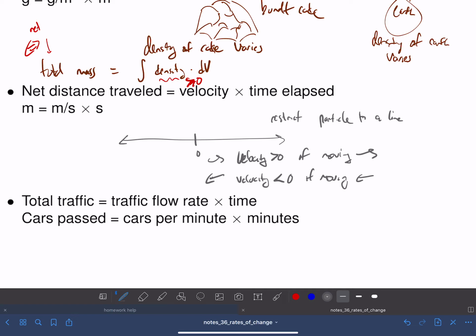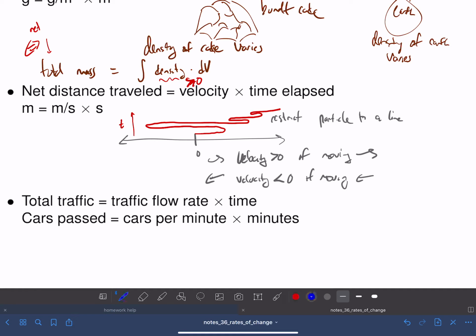And so if we consider a particle that's moving and we let it start at the origin, its velocity is positive, and then its velocity is negative, and then positive, negative, positive, negative, positive. Right? It's just moving along that line, and so I'm imagining this right here is the t-axis. So as the particle moves through time, it's also moving in space, and so we can calculate the net distance traveled.